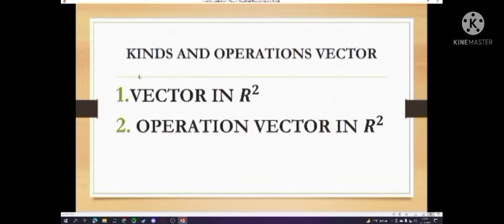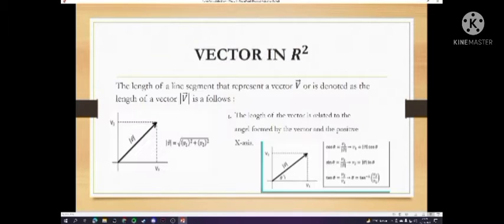Next, material of kinds of operation vector. One, vector in R square, and material two, operation vector in R square. One, vector in R square.